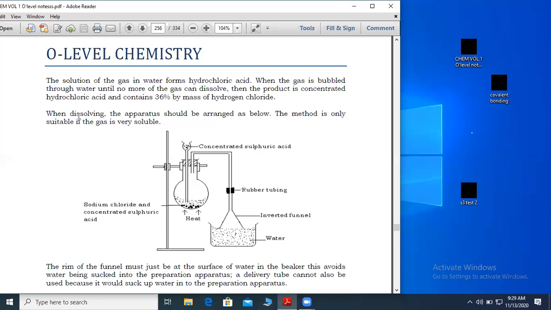So when dissolving, the apparatus should be arranged as shown below, and the method is only suitable if the gas is very soluble. Hydrogen chloride gas is also very soluble in water, like ammonia, so it should never be collected over water if you want to prepare the gas.